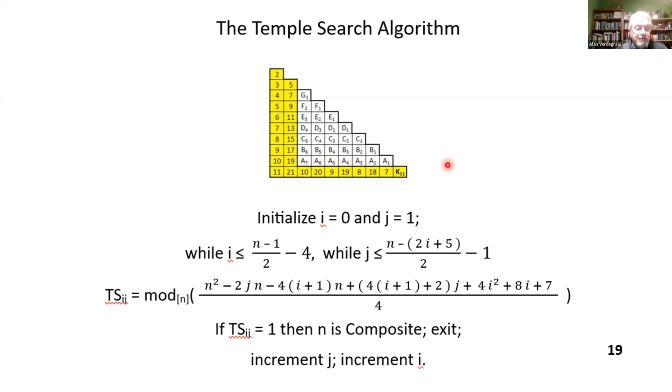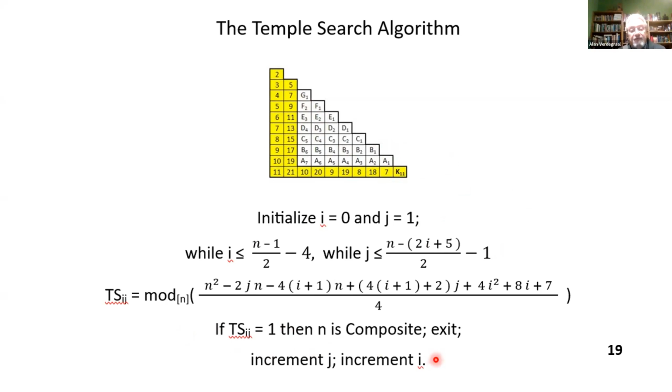And I was able to devise an algebraic expression that basically has 2 indexes, one for the row and one for the column, and so we basically just literally march up the temple, testing each one to see if it is a 1. And if it is, then it's a composite.